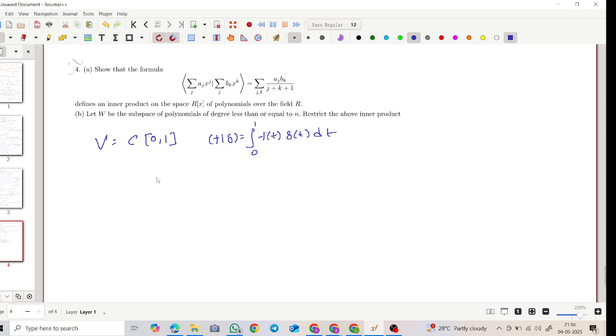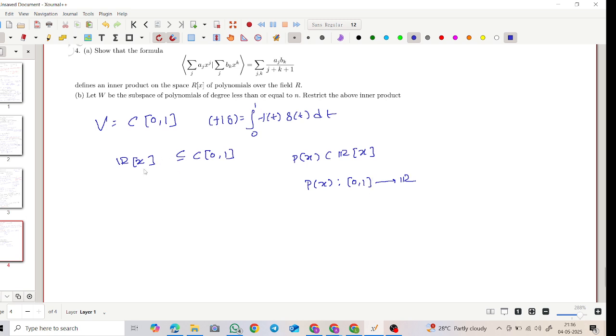Now you assume Rx as a subset of C01, that is, we are taking the polynomial functions. When you take Px belonging to Rx, we are considering Px to be a function from 0, 1 to R.